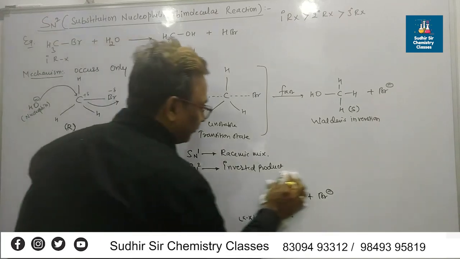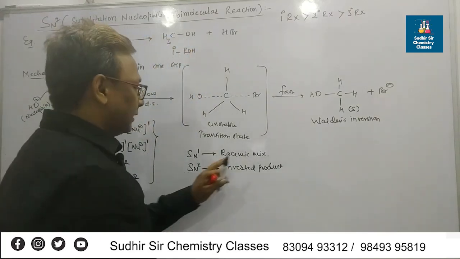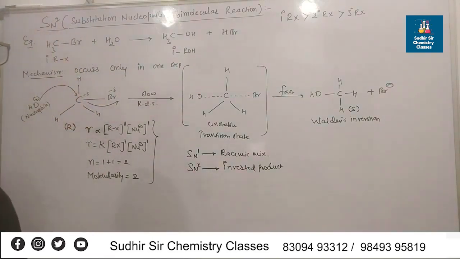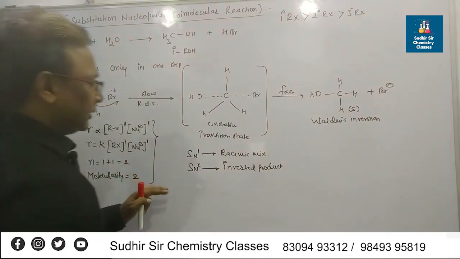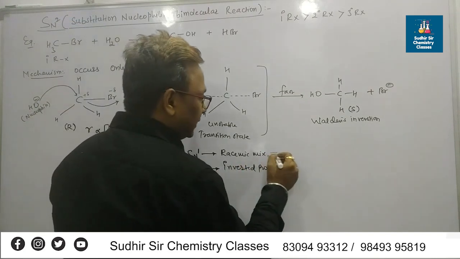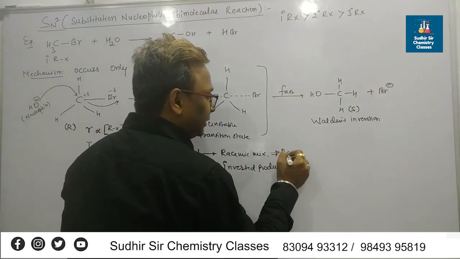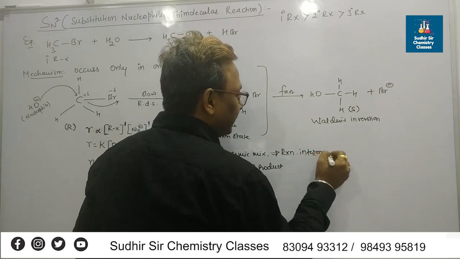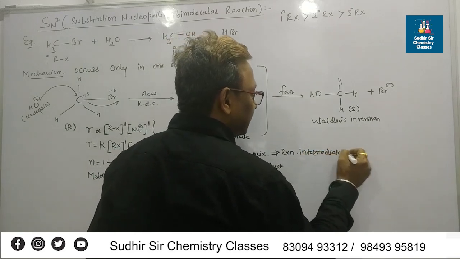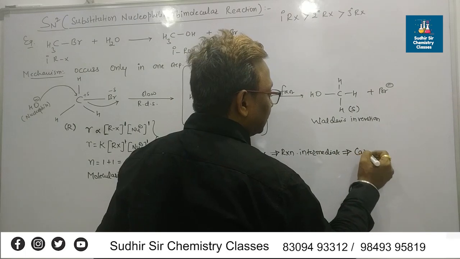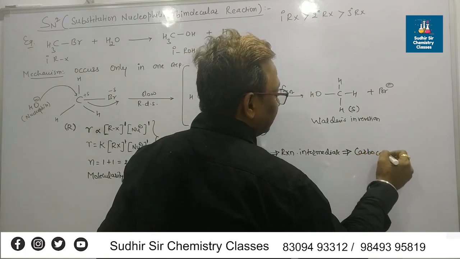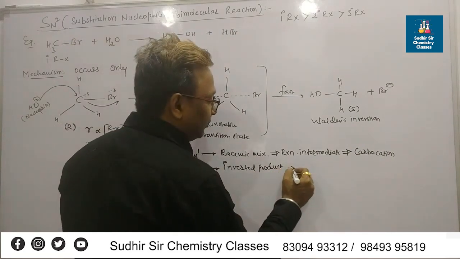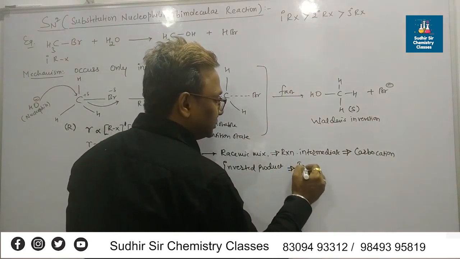Whenever we perform SN1, it will always give a racemic mixture, but SN2 gives rise to an inverted product. Here what we saw, beta, in SN1 there is a formation of a reaction intermediate. What is that? You know, that is a carbocation. A carbocation forms in SN1, but in SN2, beta, we get a transition state.